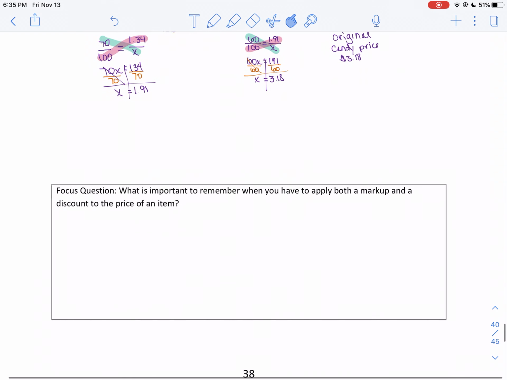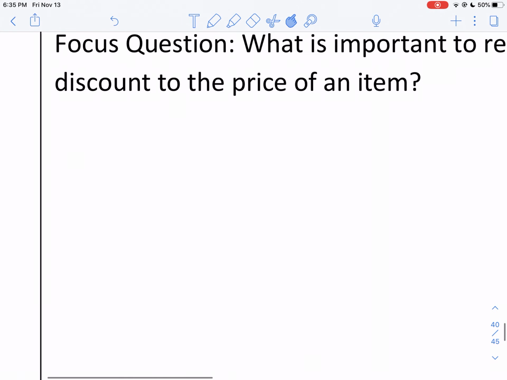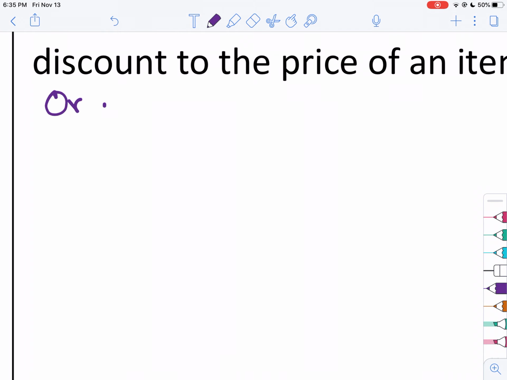All right, so let's answer our focus question. What is important to remember when you have to apply both a markup and a discount to the price of an item? Well, the biggest thing we know is that order matters.